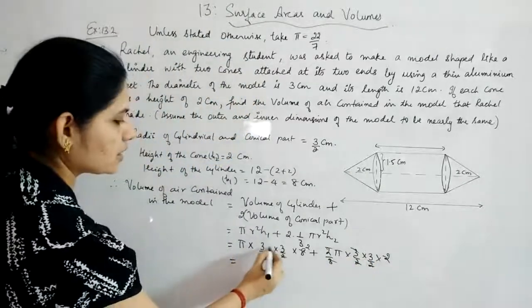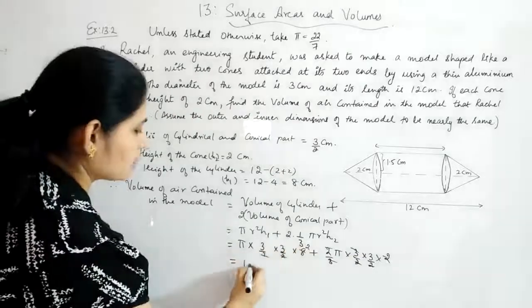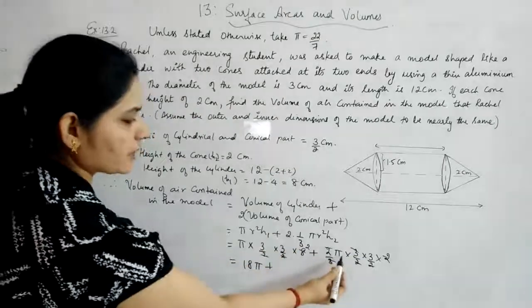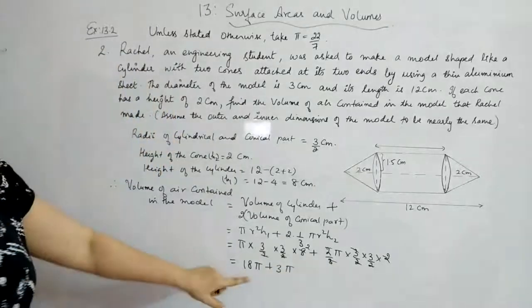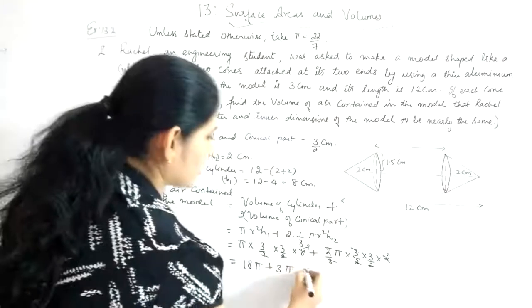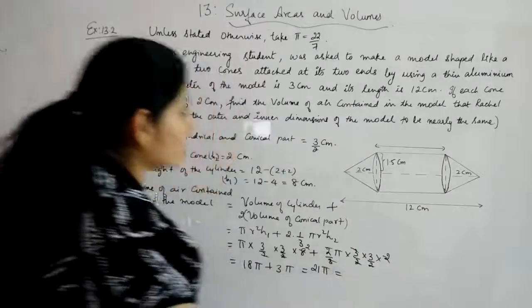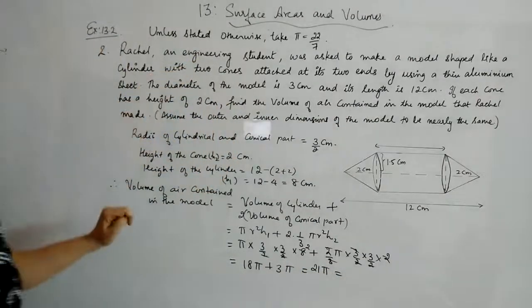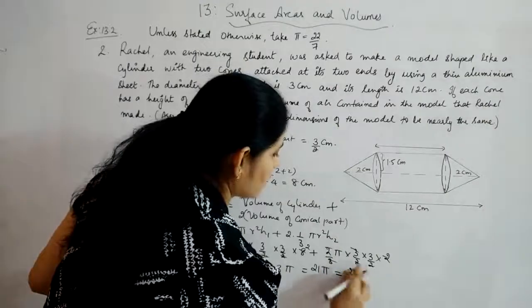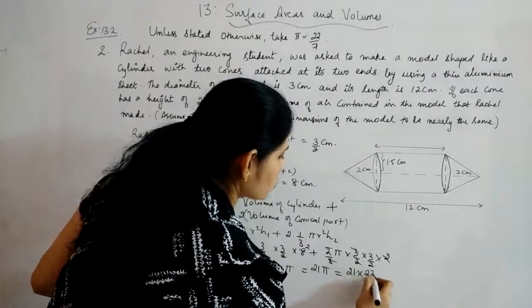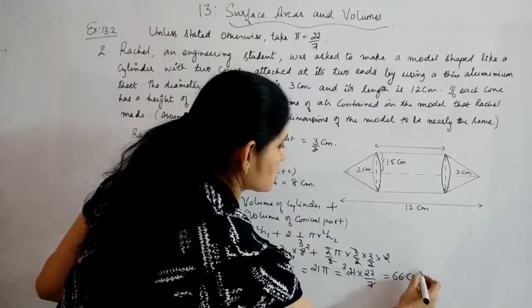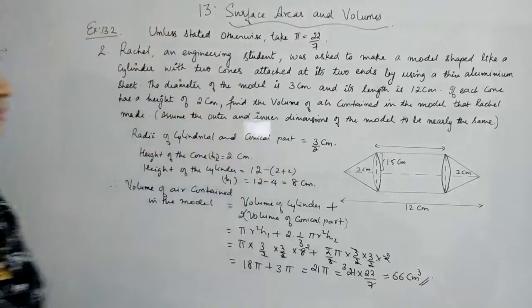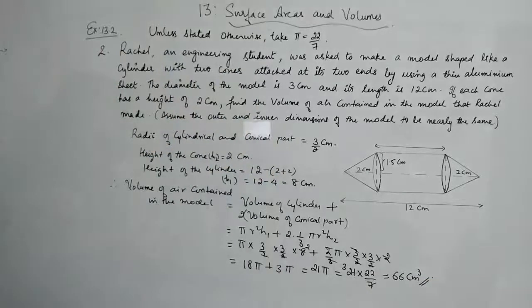So in total here you are getting 18 pi, plus here you have 3 pi. That is 21 pi. Now replacing the value of pi as 22 by 7, you will get 21 into 22 by 7, which will give you 66 centimeter cube. Therefore, the volume of the air contained in the model is 66 centimeter cube.